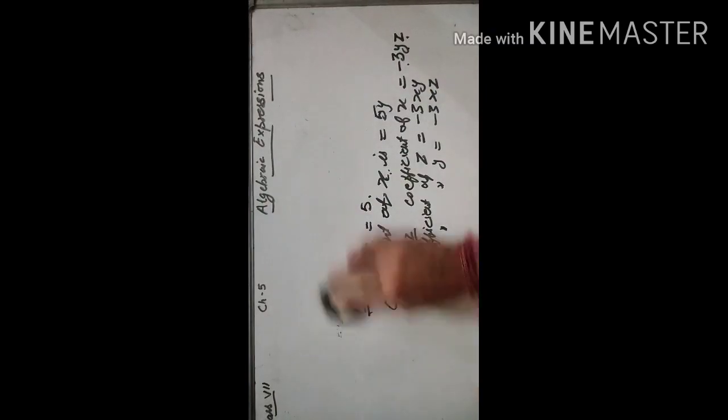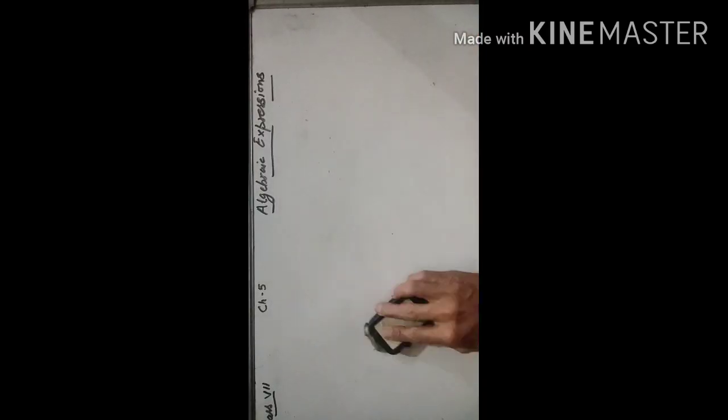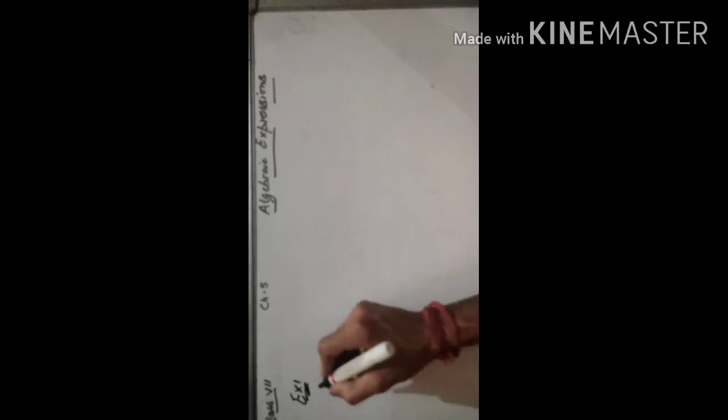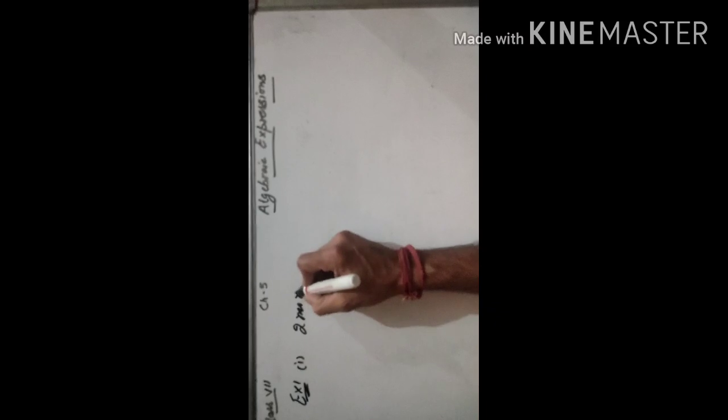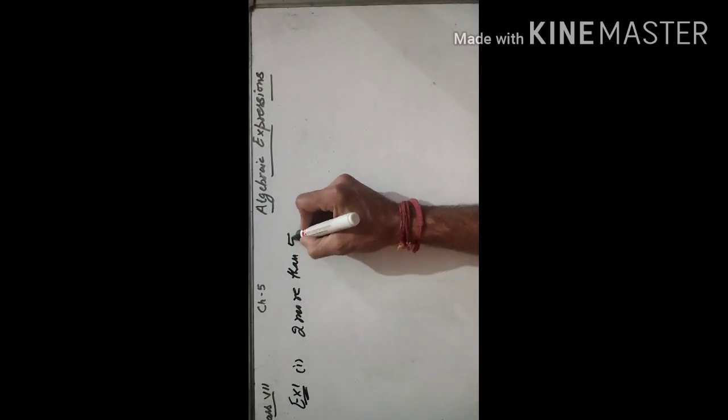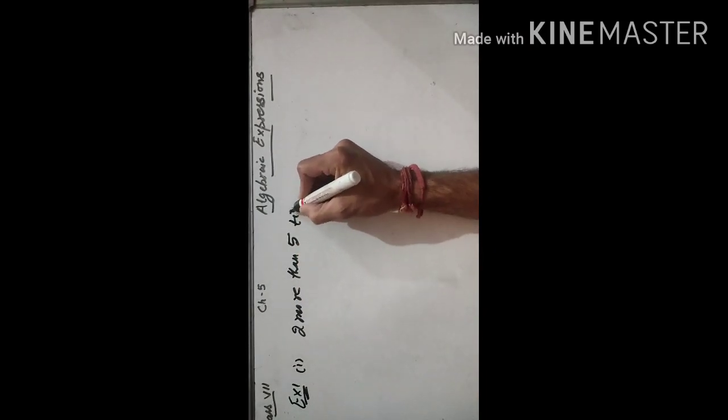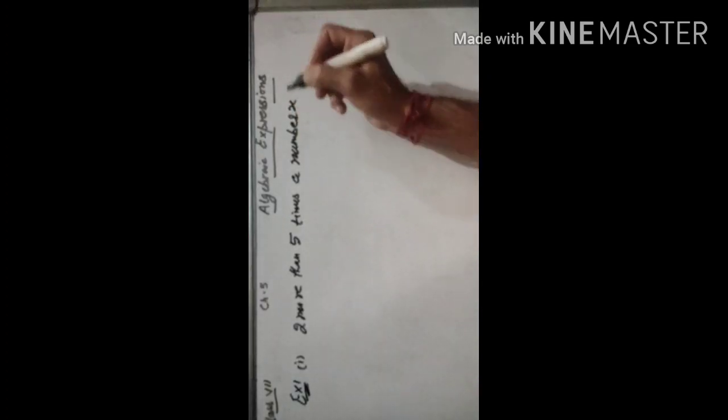Now come to example number 1. Form the algebraic expression using variables, constants and arithmetic operations. First is 2 more than 5 times a number x.